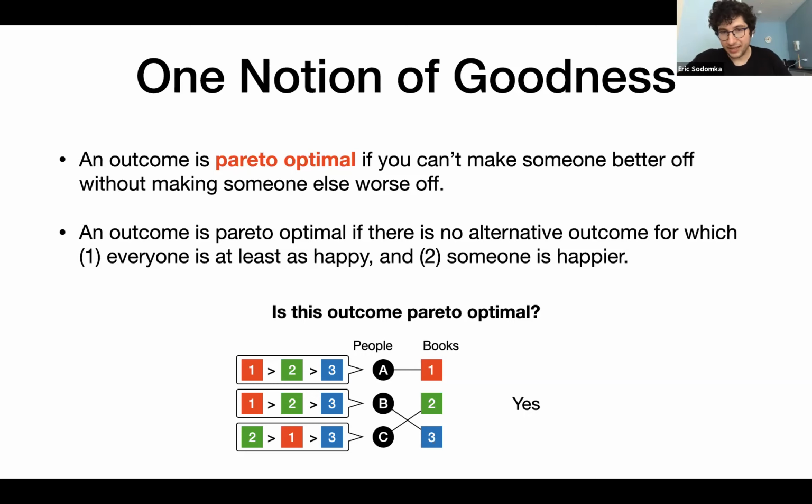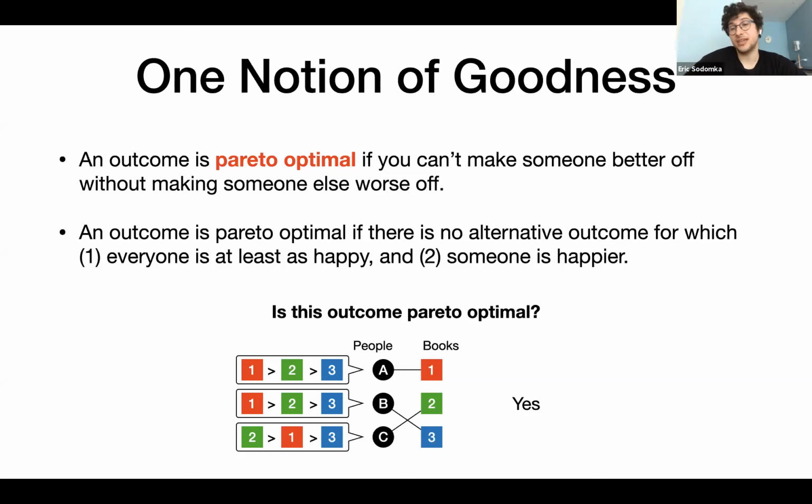Because either they're getting A's favorite book, making A worse off, or they're getting C's favorite book, making C worse off. So that's why this is Pareto optimal. Not everyone has to get their favorite book. They just have to be getting a book such that there is no other book that they could get without making someone worse off.